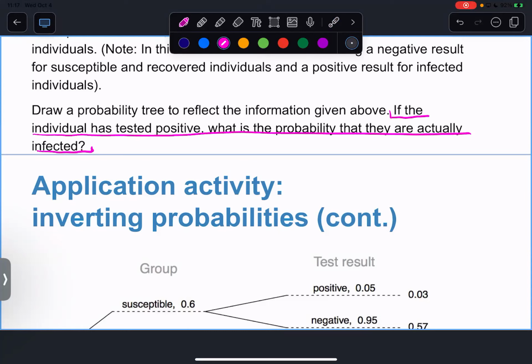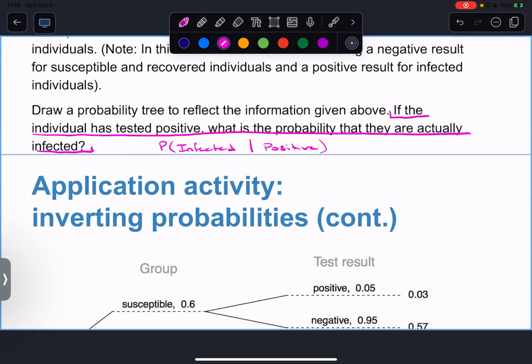I want to find the probability that they're actually infected if the individual is tested positive. So if I translate this, it's the probability that they're infected given that they tested positive.